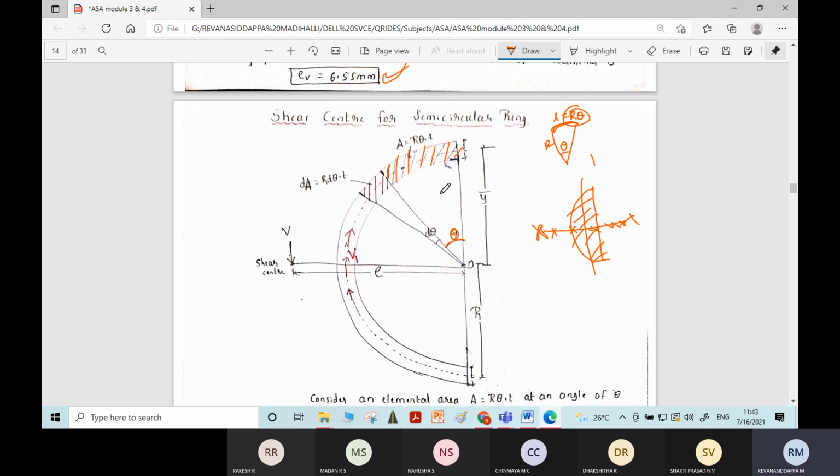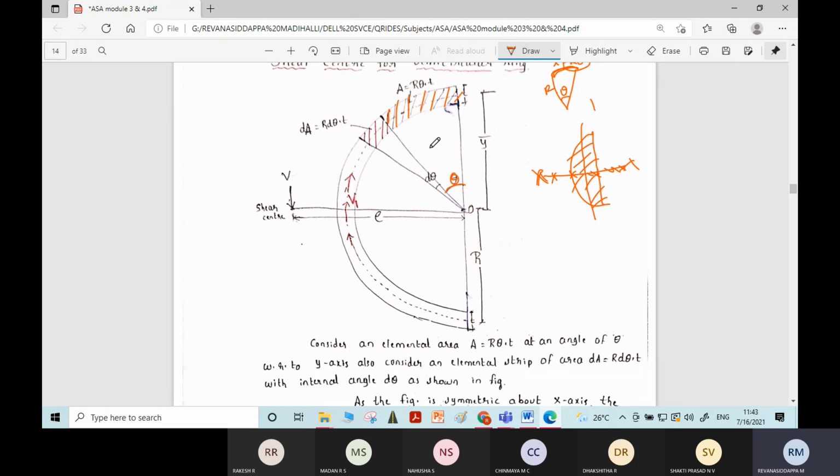So to locate this shear center, I have considered an elemental area of r theta into t. Let dA be the elemental strip after this elemental area, with internal angle d theta.